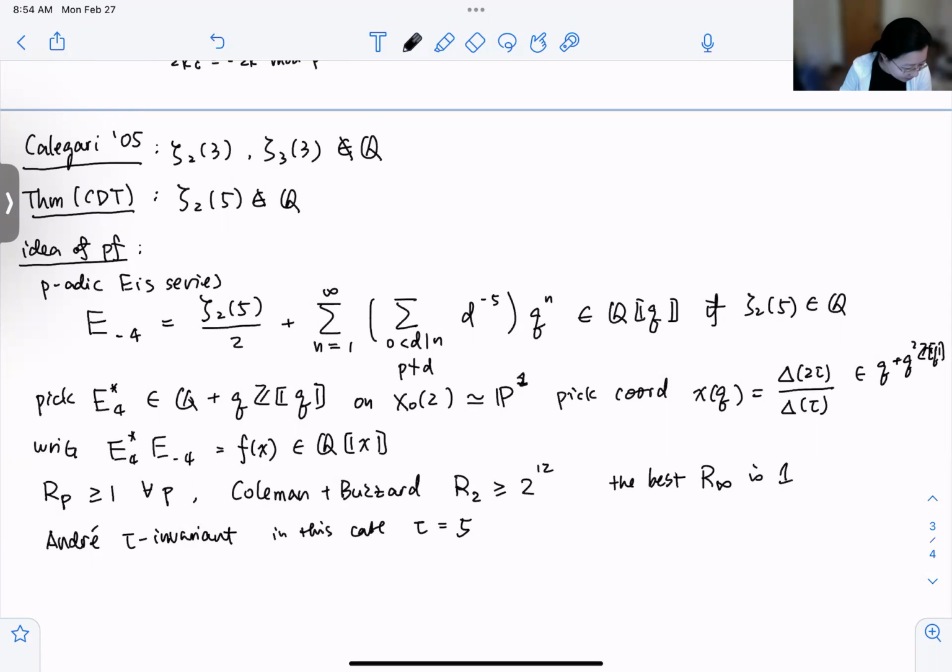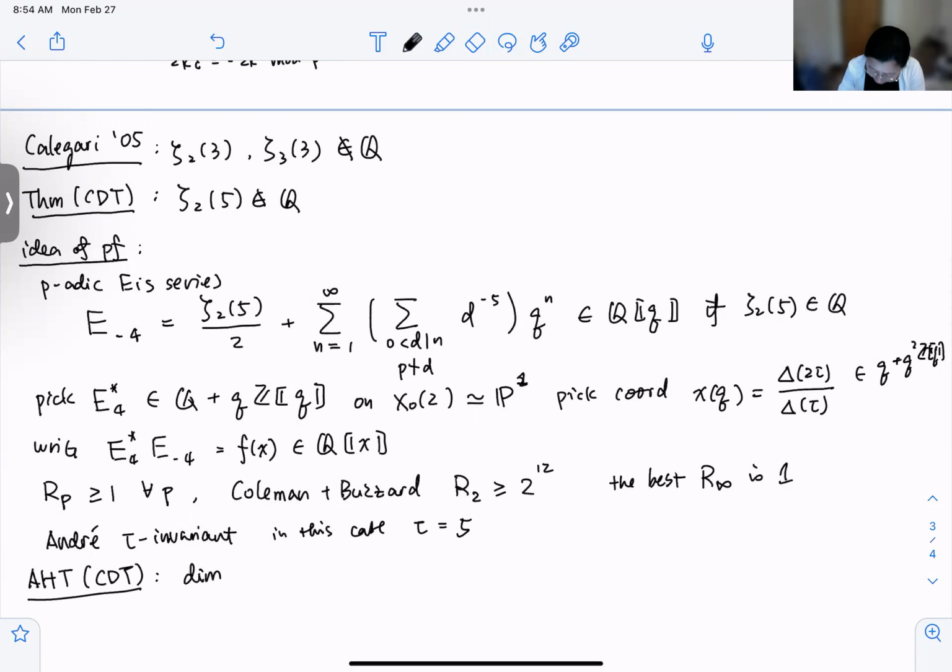So okay, now we have every piece of information we need, and the so-called arithmetic holonomicity theorem in this case says the following.